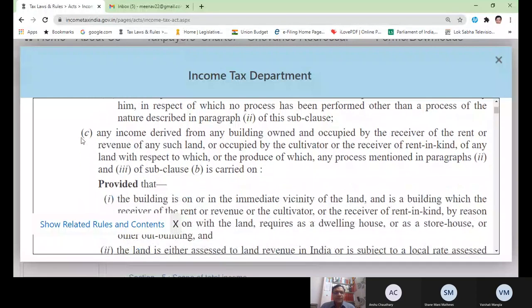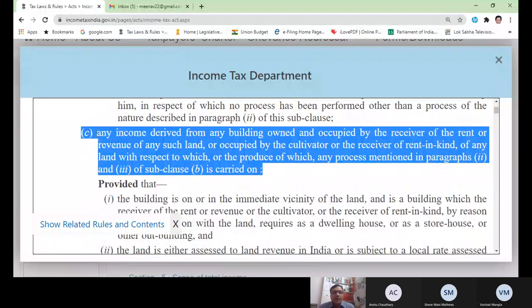Clause C, subclause C: any income derived from any building, not only land now, it's a building now. In subclause A and B, land was used. Now in subclause C, the word building has come.